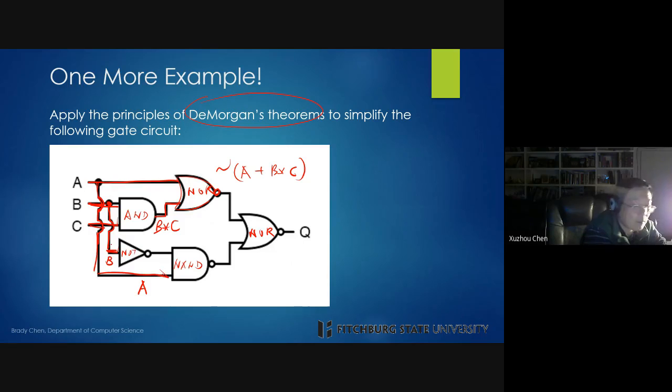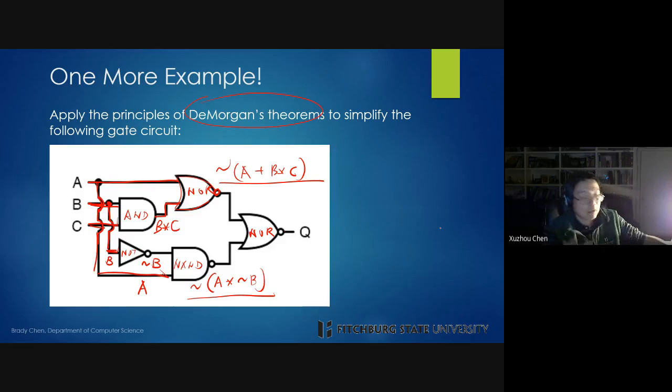Yeah, this is the same as B. So this is not B, and A times not B, and not again. So something like this, and then you can say this is here, and then NOR gate again. So somehow you need to figure out how to simplify these things.